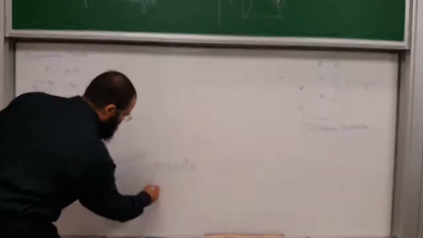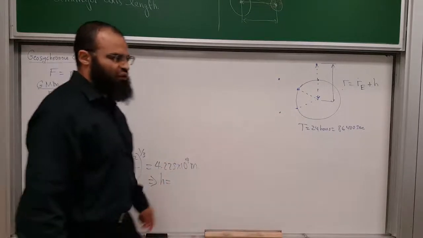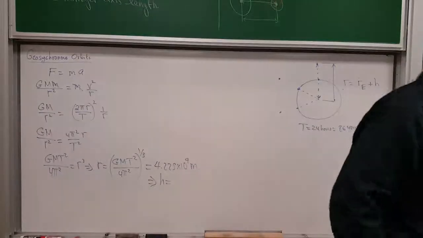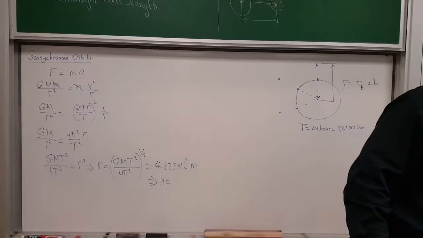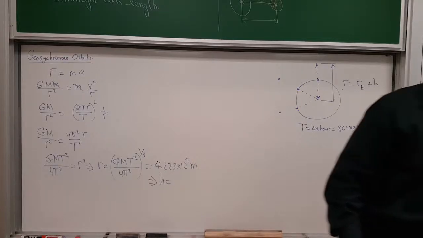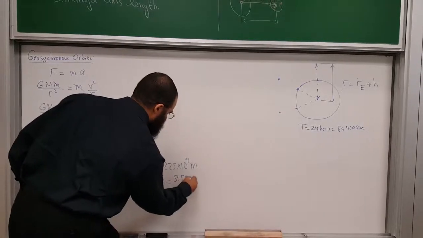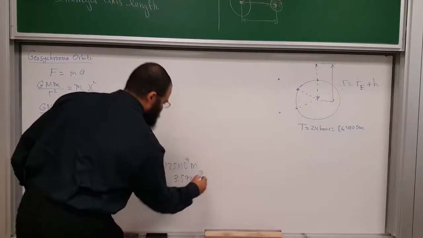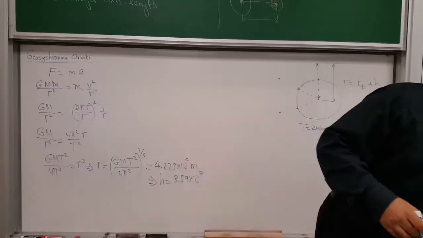So that means h, the height, will be this minus the radius of the Earth, which is, again, 6.38 times 10 to the 6th. So you get about 3.59 times 10 to the 7 meters. Yeah, 3.59 times 10 to the 7.